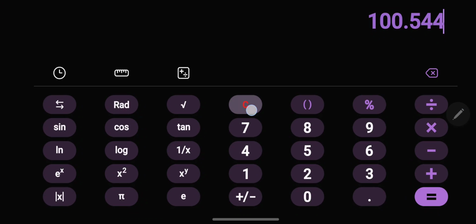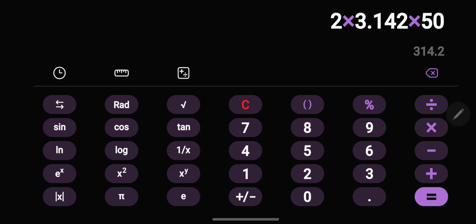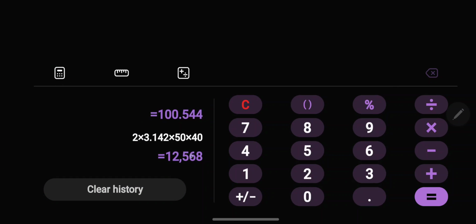So let's clean this. This will be 2 times 3.142 times, let's just go to the 50 times 40. All right, but remember we have the inverse, so we'll take the inverse. If we go to our history, we'll take this.